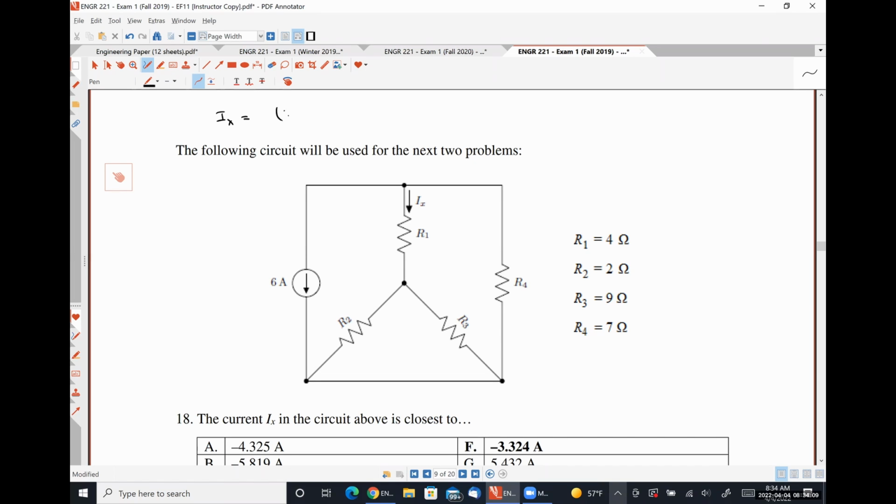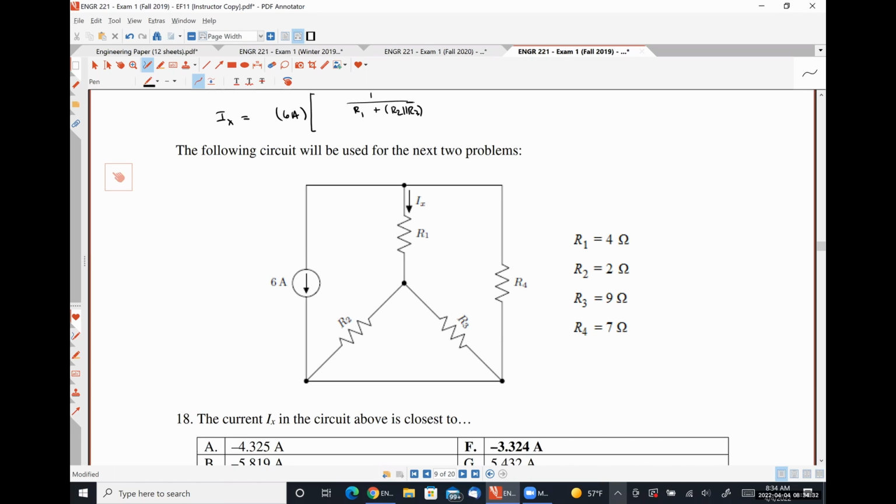I'm going to have my 6 amp source. Then the branch I want has a resistance of R1 in series with R2 in parallel with R3.